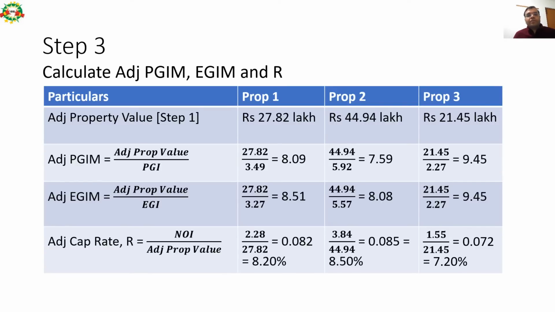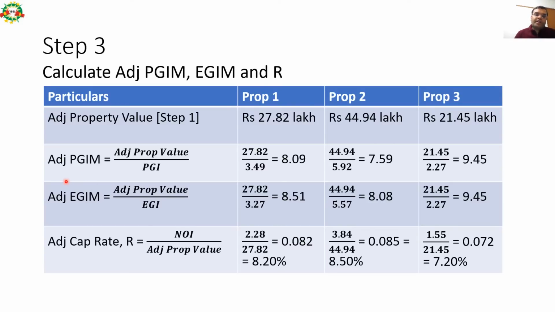So now the third step of this method is to calculate adjusted PGIM, adjusted EGIM and adjusted capitalization rate for each of the sample properties. The adjusted property value we have already calculated in step number 1. So just put all these three figures into a tabular format as given in this slide.